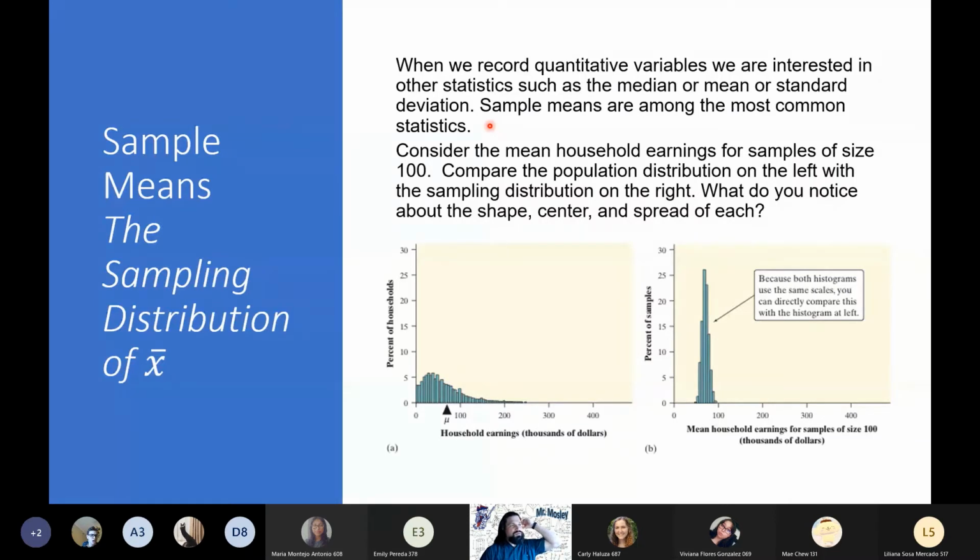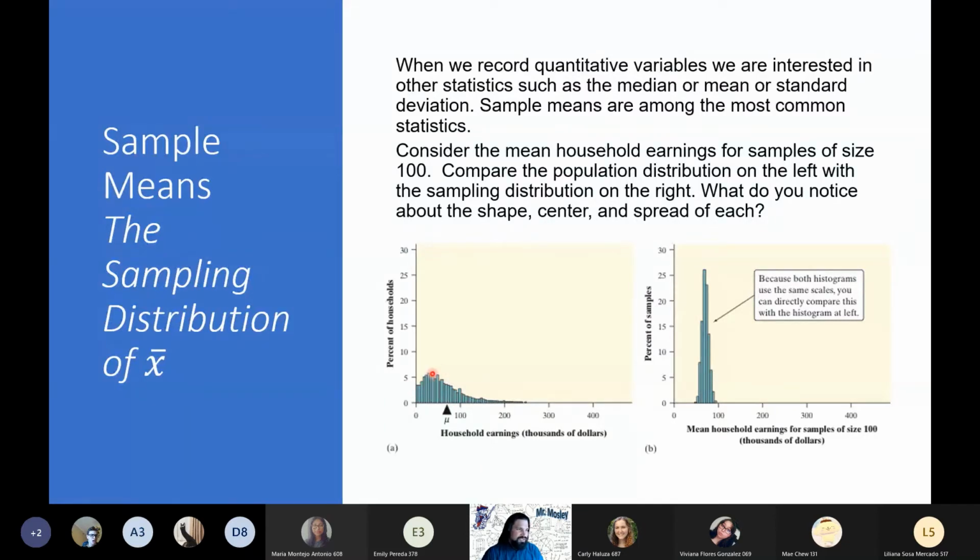Sample means are among the most common statistics. Consider the mean household earnings for samples of size 100. Compare the population distribution on the left with the sampling distribution on the right. What do we notice about the shape, center, and spread of each?